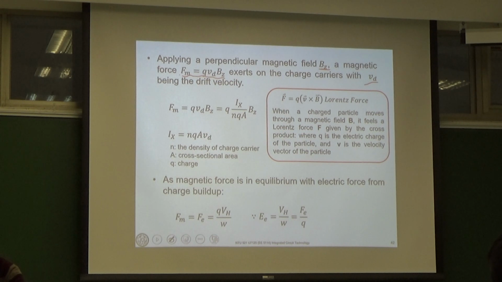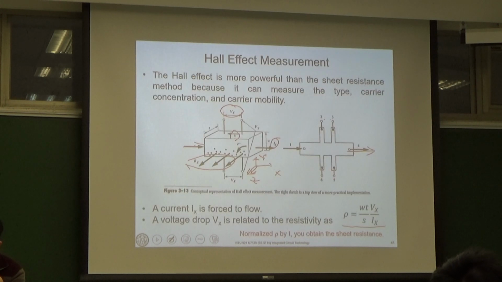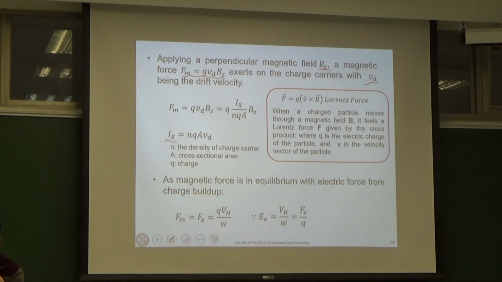Since we force Ix, Ix will equal your concentration times your charge Q, times your area, times your drift velocity Vd. So we can use Ix to represent Vd and plug it into these equations. Now this Lorentz force is related to the current you apply and the magnetic field you applied.